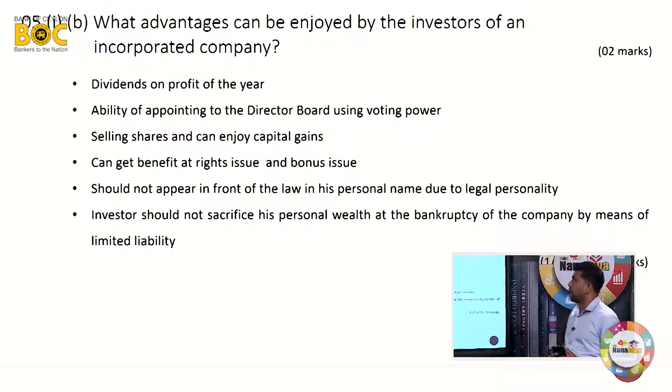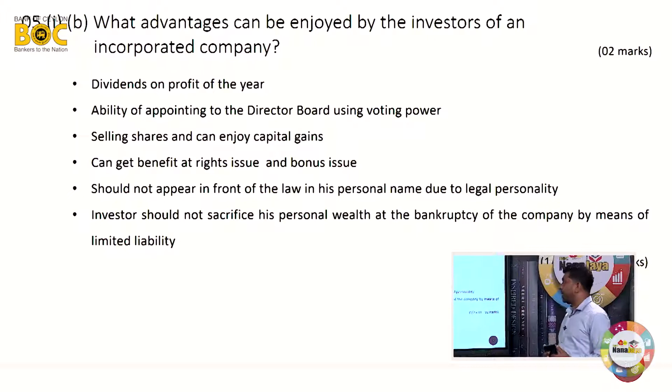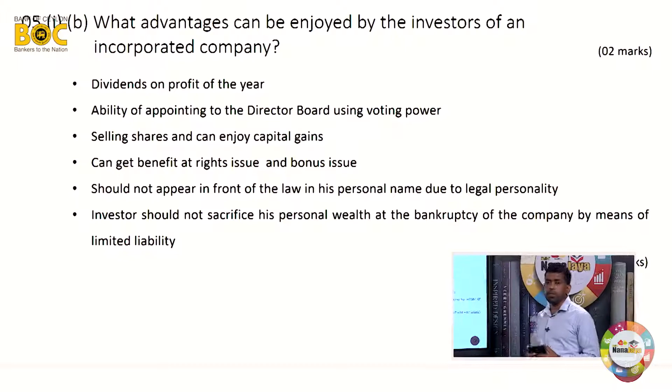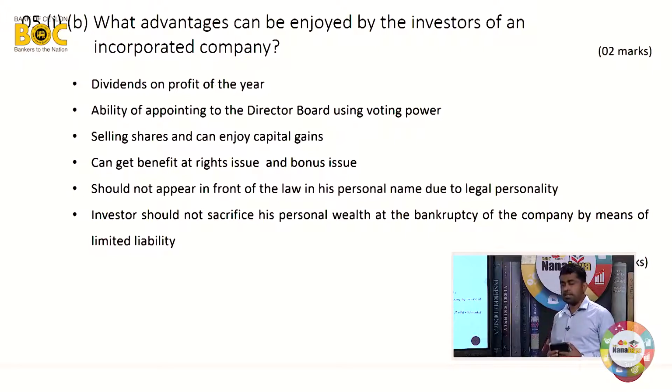Ability to be appointed to the director board using voting power. We know shareholders have voting rights according to the shares purchased. So, by using their voting power, they can be appointed as a director of the company.